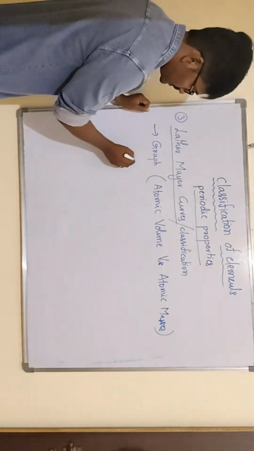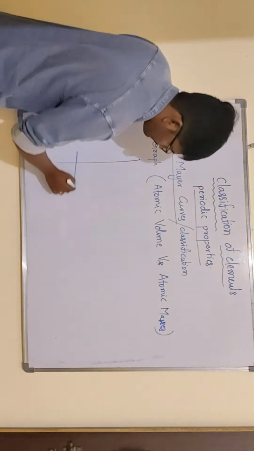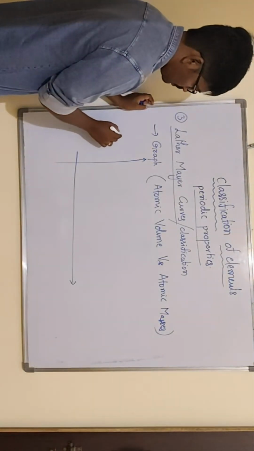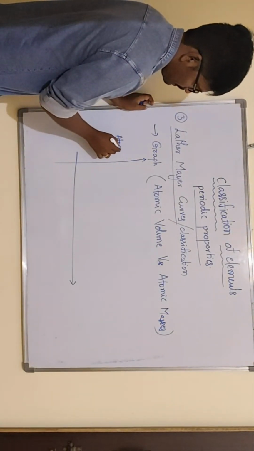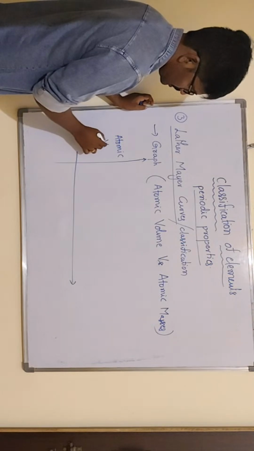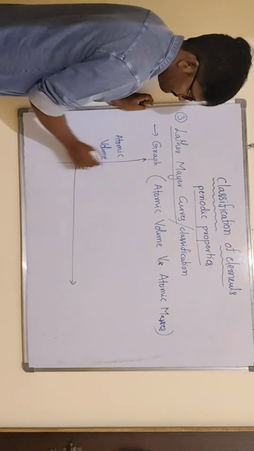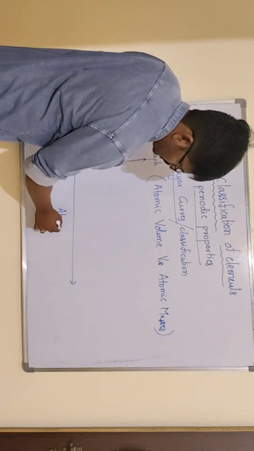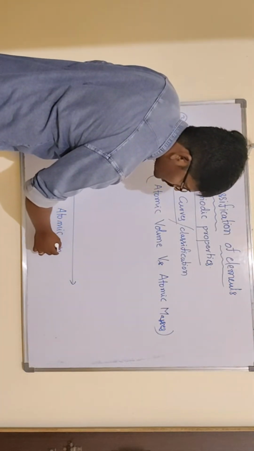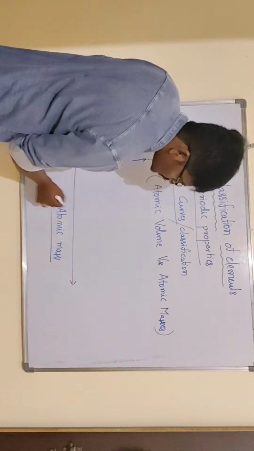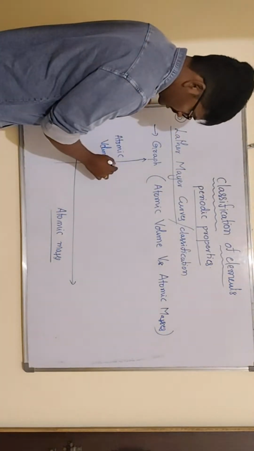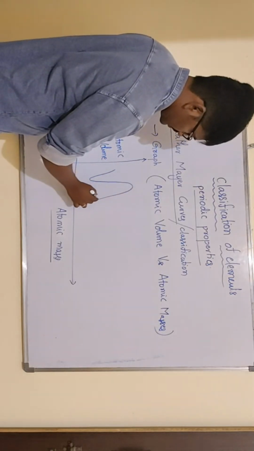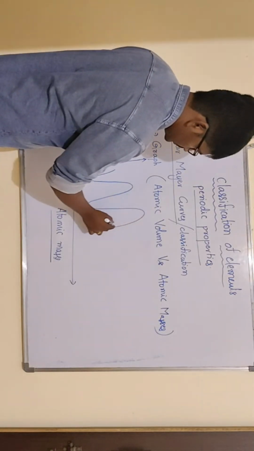For example, here this is atomic volume, then atomic mass. If you draw the graph between atomic volumes and atomic masses, then he gets curves like this.